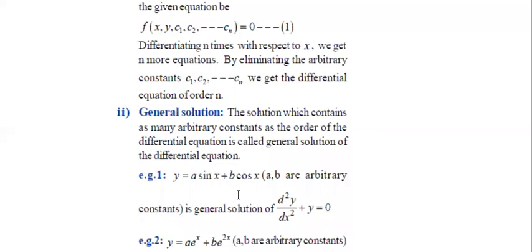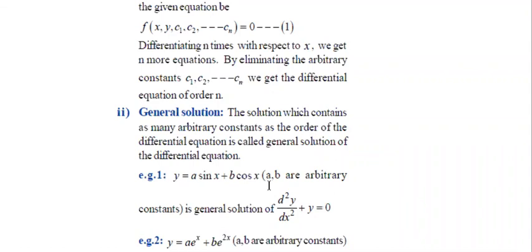Now, general solution. The solution which contains as many arbitrary constants as the order of the differential equation is called the general solution of the differential equation. If there are two arbitrary constants, differentiate two times and eliminate the arbitrary constants to get the differential equation.